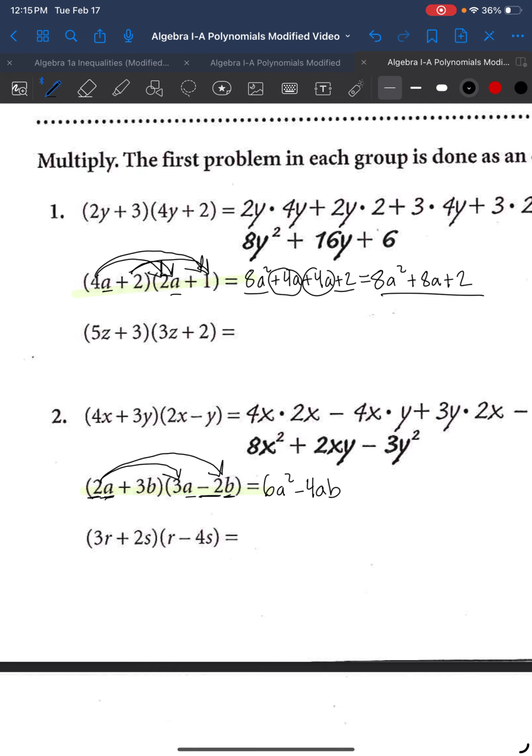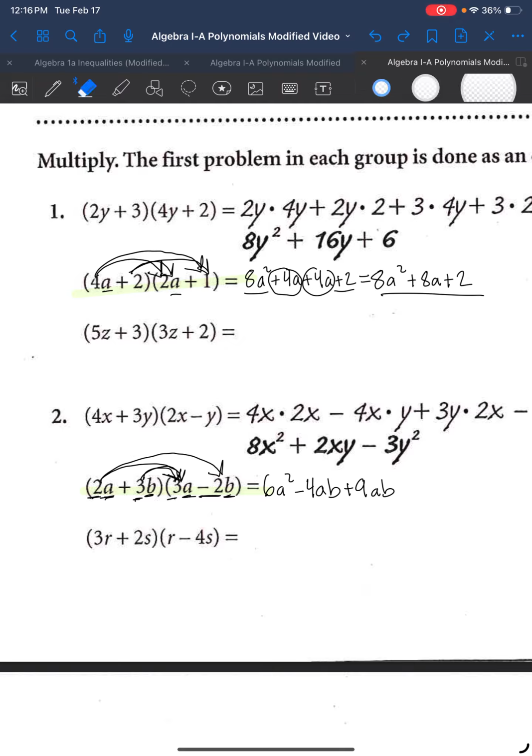Okay, now I have to do 3b times everything in the next chunk. So 3b times 3a. 3 times 3 is 9, positive 9. And then b times a, you just smush them together. You could make it b-a, but we usually put it in alphabetical order, so we're going to call it ab, just like the one we did before.